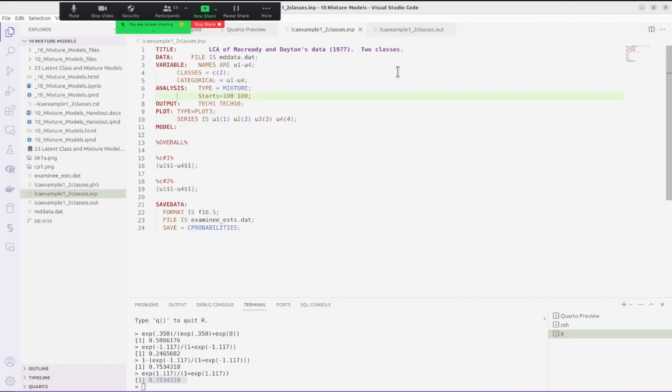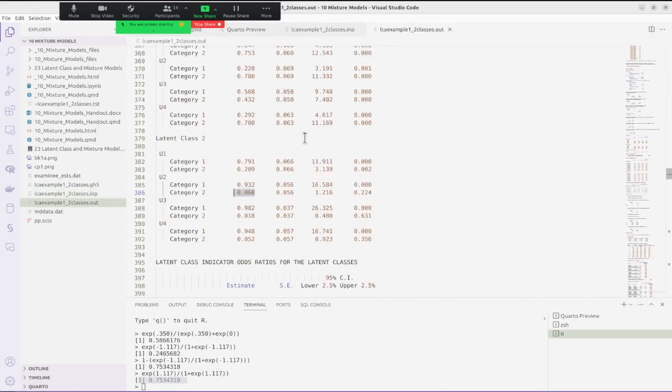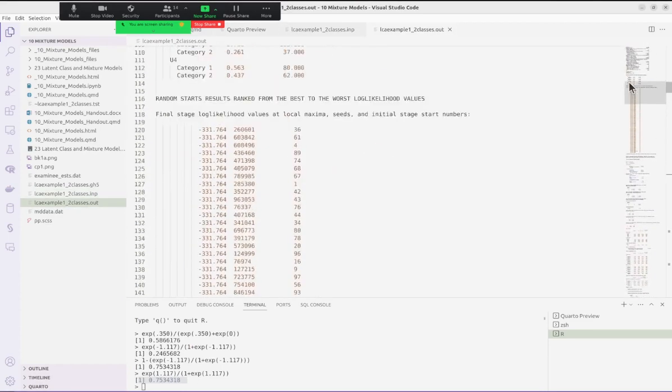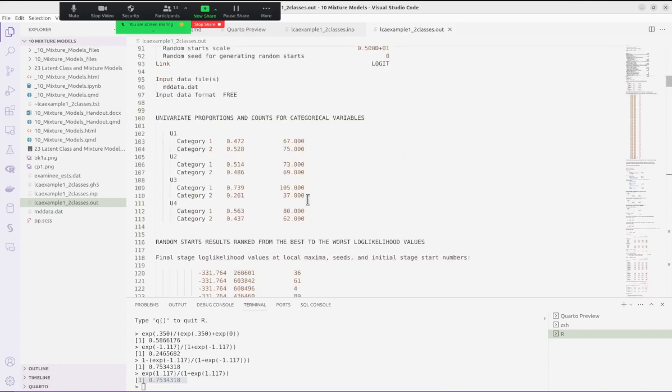Actually, Jacinta, thank you for that comment, because if you look at the probabilities overall, this is the probability of anybody, regardless of class, answering each item correctly, right here. And let's take a look at item 3. The proportion of people answering item 3 correctly is 0.261. So only 26% of students in the sample answered item 3 correctly overall.